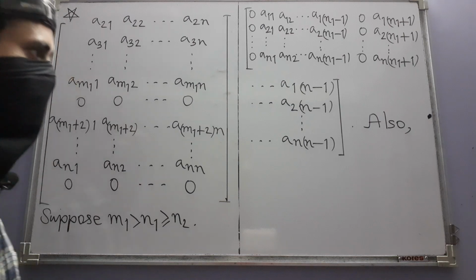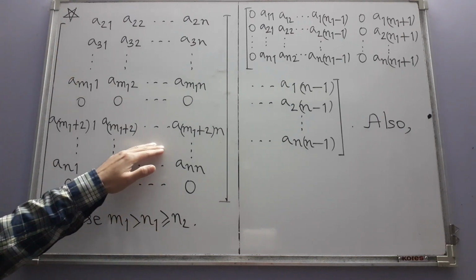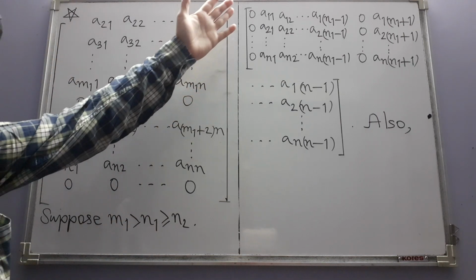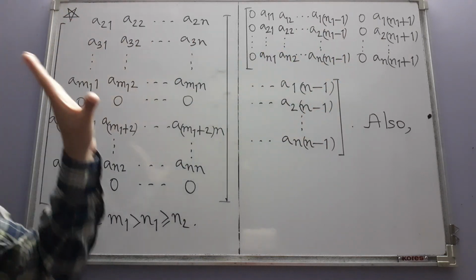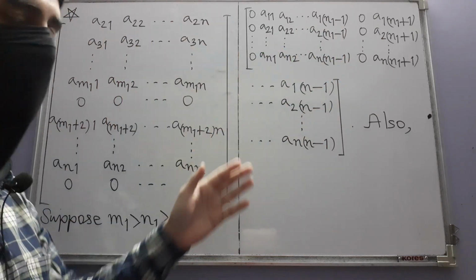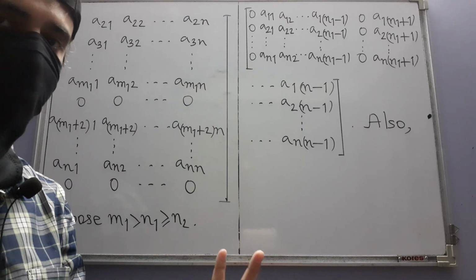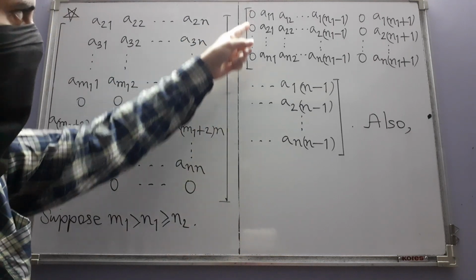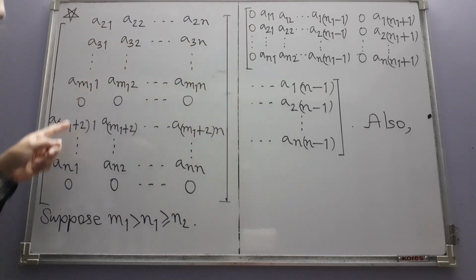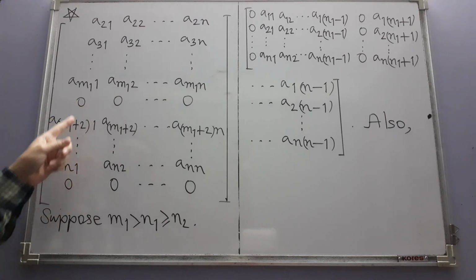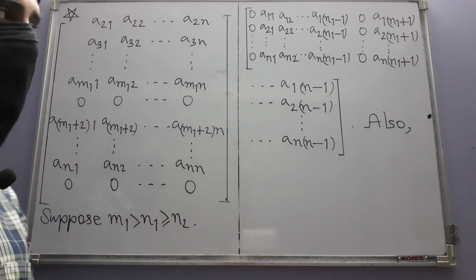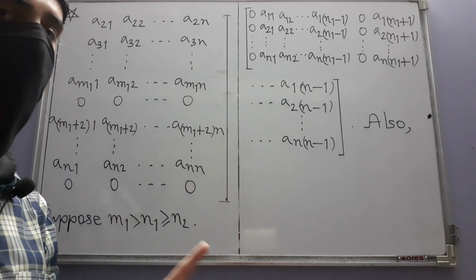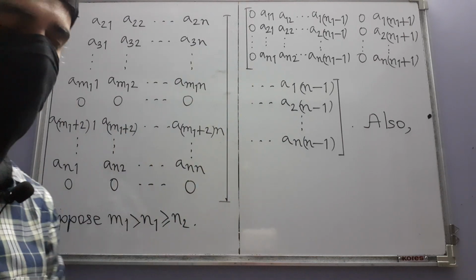Let us first note one easy thing. This matrix is after all equal to this matrix. So the first columns of both of them should be identical. Here the first column is 0. Here the first column has 2 zeros, but the other ones we don't really know. They may be 0, may not be 0. Actually, all of them have to be 0 because the columns should be identical.